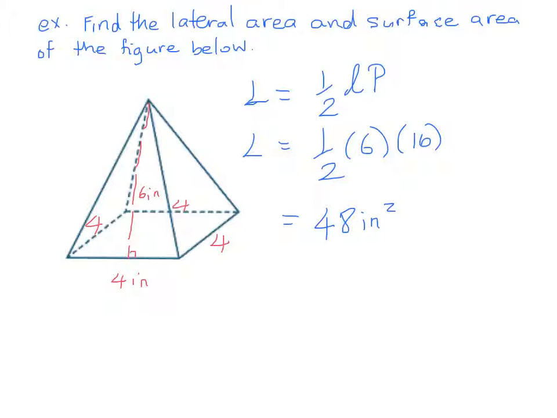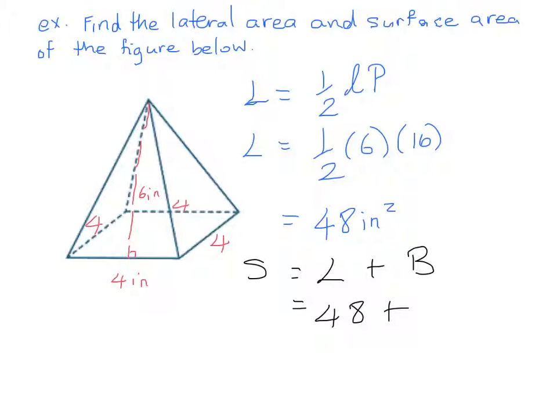But it's not my entire area, because remember that the entire surface area is going to be lateral area, L for short, plus base area. Now, we did just find the lateral area, so we don't have to do it again, but we now have to find the base area.